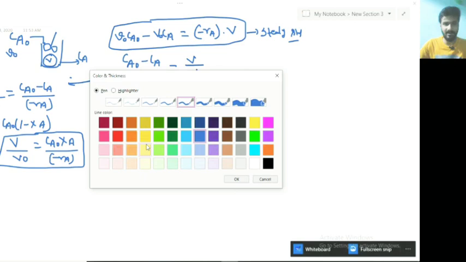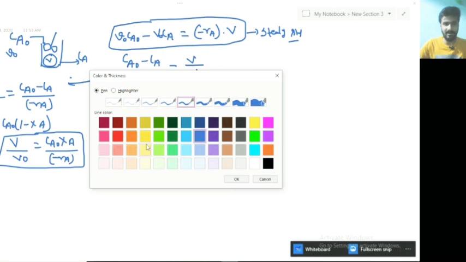So here you have to assume Ra equals K Ca, and Ca is the outlet concentration. That's a major concern that you have to focus on.